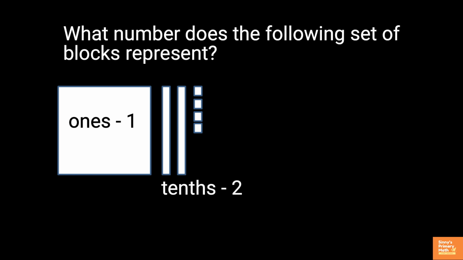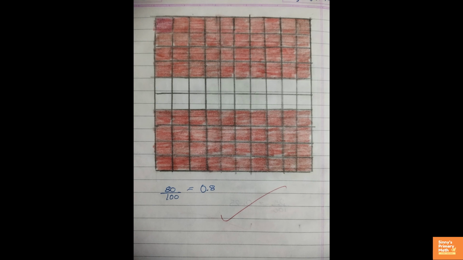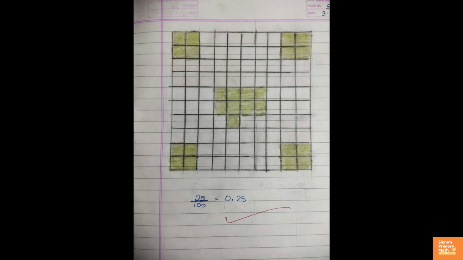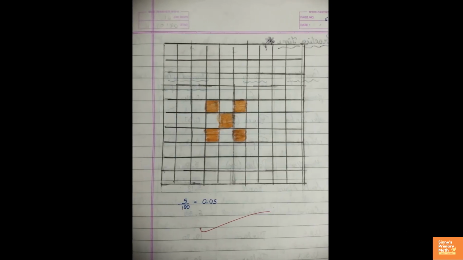There are 4 1/100 squares, so the hundredths digit is 4. So the figure represents the decimal number 1.24. Such activities are very useful in improving children's understanding of decimal notation and place value.